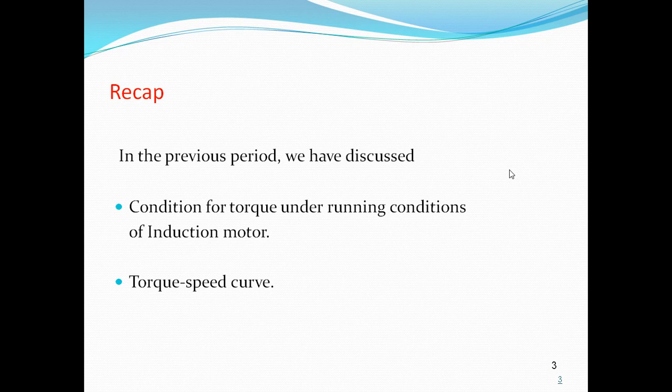It is called breakdown torque because if we further increase the slip beyond Tmax, then the torque decreases as the slip increases. For high values of slip, the torque slip curve represents a rectangular hyperbola.